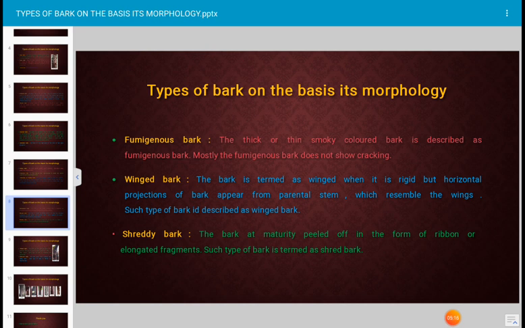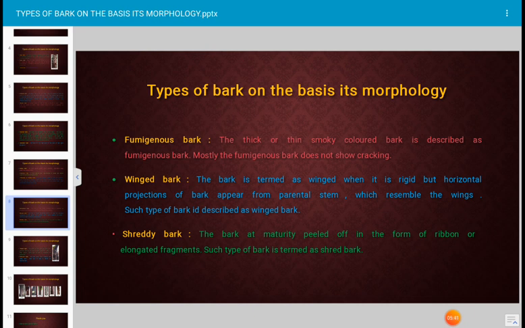Next, winged bark. The bark is termed as winged when it is rigid but horizontal projections of the bark appear from the parental stem which resemble the wings of a bird. Such type of bark is described as winged bark. Next, shreddy bark. The bark at maturity peels off in the form of ribbon or elongated fragments.